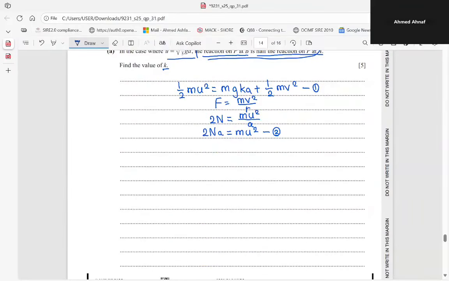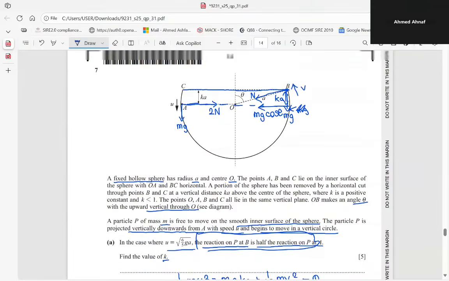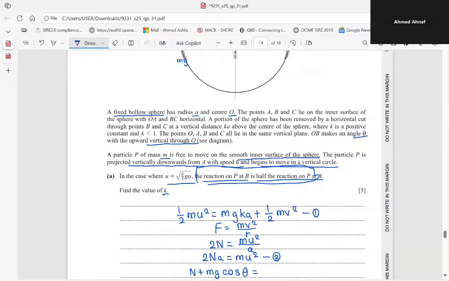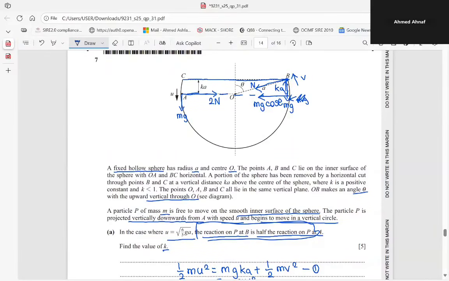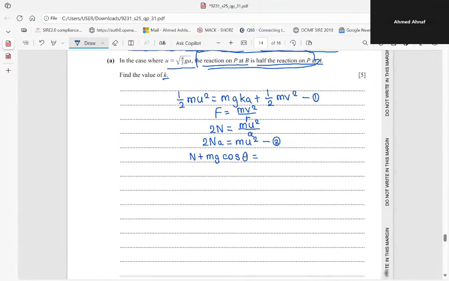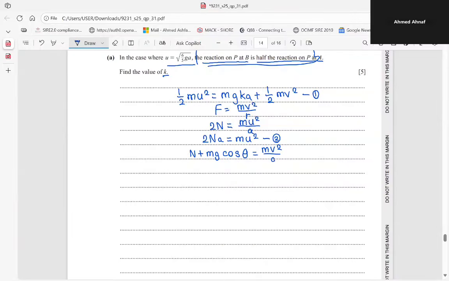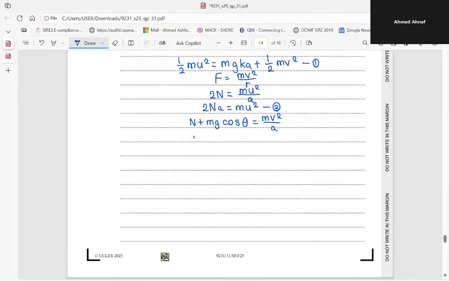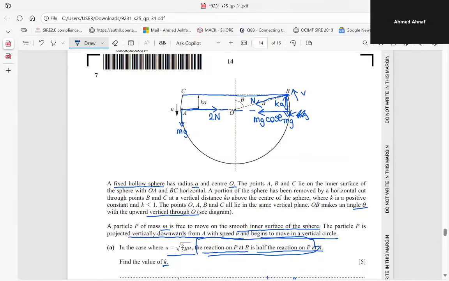So this is N plus mg cosine theta equals mv squared over a. So this is N a plus m g a cosine theta equals m v squared. To find cosine theta, we can make use of the k a and the radius a.